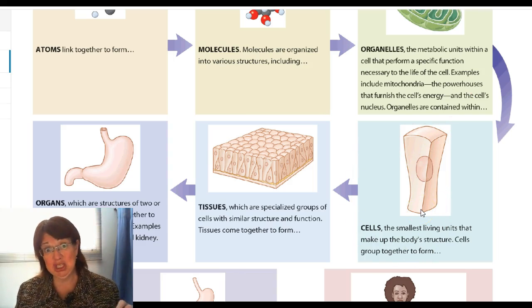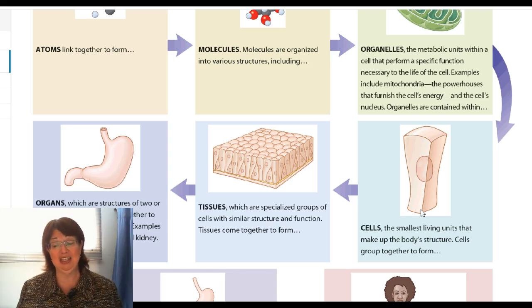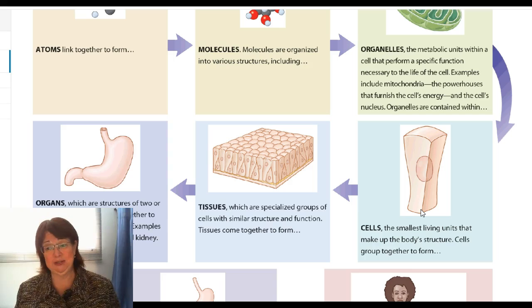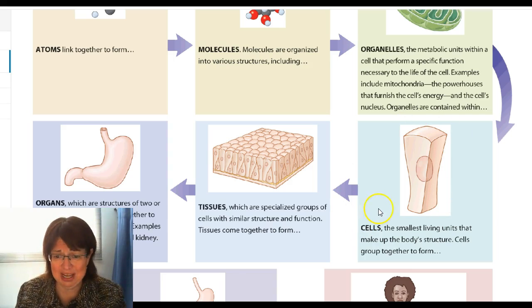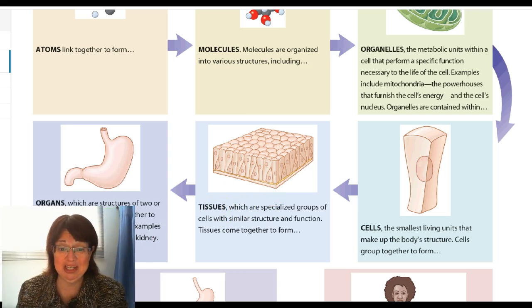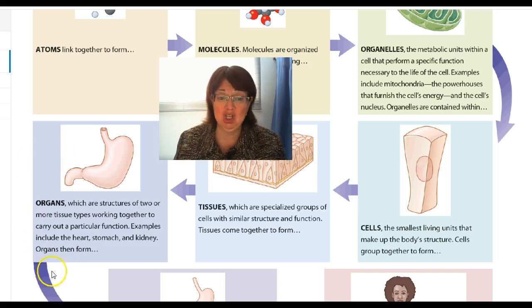And cells are the smallest living units. Then cells group together to form a specific task called a tissue. Then tissues will group together to create what's called an organ. And an organ is a group of tissues carrying out a particular function.